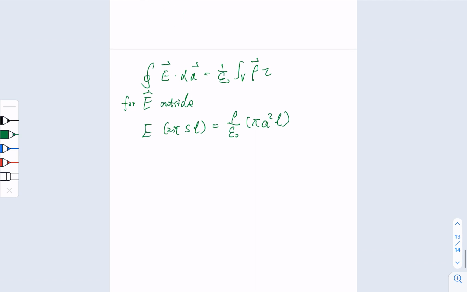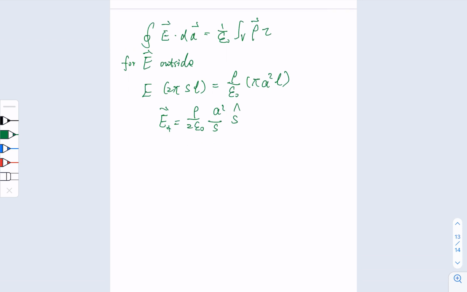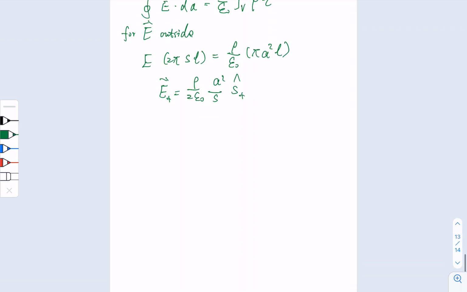And now bearing this difference in mind, we see that the E field introduced by this plus charge will be the form over here. And now if we add this E field together for both the plus and the minus charge, I'll skip the details.